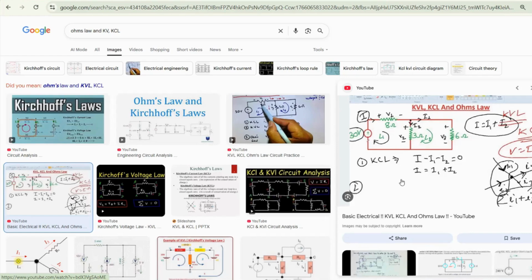What is the meaning of source? Source may be voltage or current.